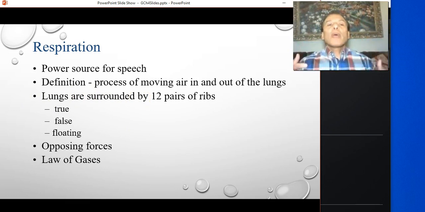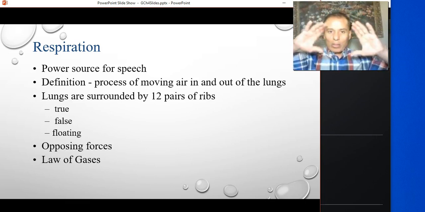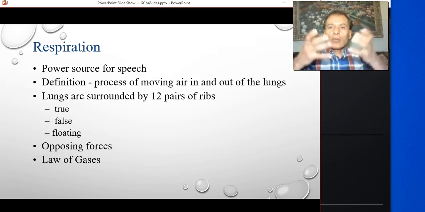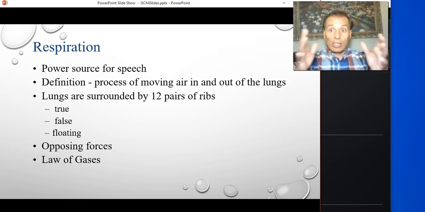And in order to expand them, we have to use muscles. The diaphragm is the biggest muscle for inhalation and exhalation. And when it contracts, it goes down. So it expands the thorax, the chest, and inside of it, the lungs are also expanded. So it expands the thorax vertically, and it creates the biggest amount of expansion.